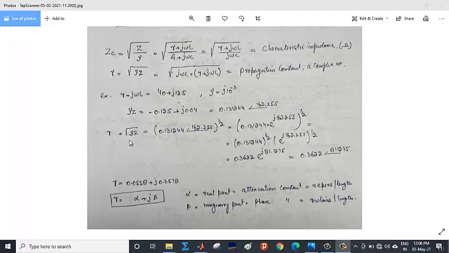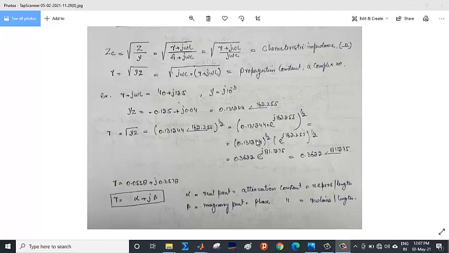Gamma is the square root of YZ, so it will be YZ raised to power 1 by 2. I write this in Euler form, that means it will be equal to 0.131244 raised to power 1 by 2, and e raised to power j 162.255 raised to power 1 by 2.